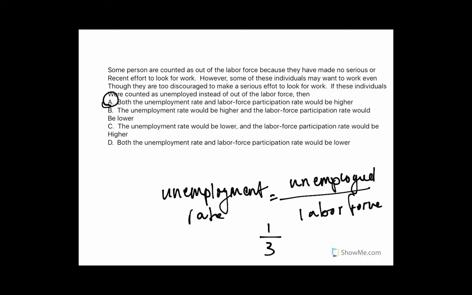Which is 1/3, so 0.33 would be our unemployment rate. But then let's say we add that unemployed person back in, we would increase to 2/4, right? Because you would add a person to the labor force in the denominator and add a person who's unemployed in the numerator, which is going to get you 1/2, which is bigger than 1/3.